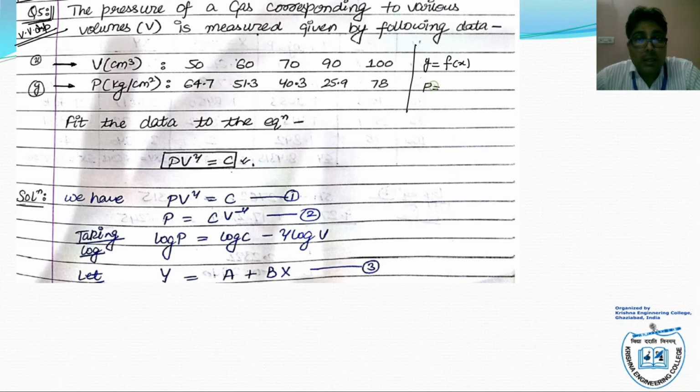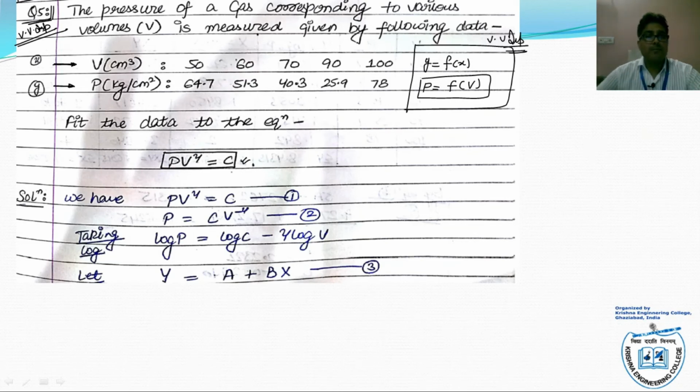Clear? This is a very important concept. Use this concept here. So we put P in terms of V. The given equation is PV to the power gamma is equal to C. Here we express P in terms of V. So take P on the LHS and all the terms on the RHS.